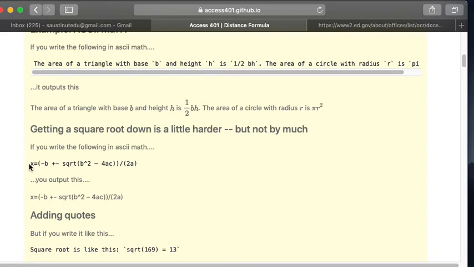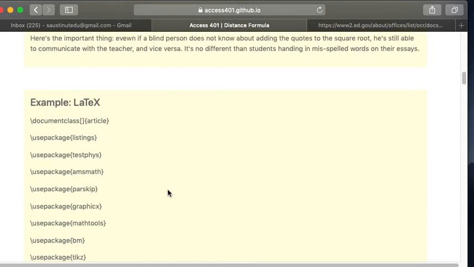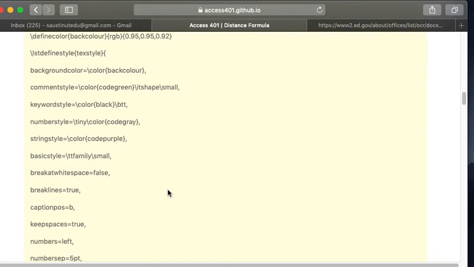And so something that's written like this, x equals negative b plus minus square root, etc., the screen reader can read this and produce something understandable to a student, as long as that student has some experience in understanding the ordering of how you would write in text a particular document. So LaTeX, however, has a couple of things that are not working well for it, and that is people who like to put lots and lots of things in their documents.